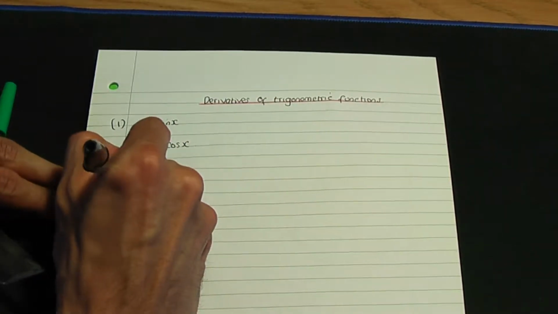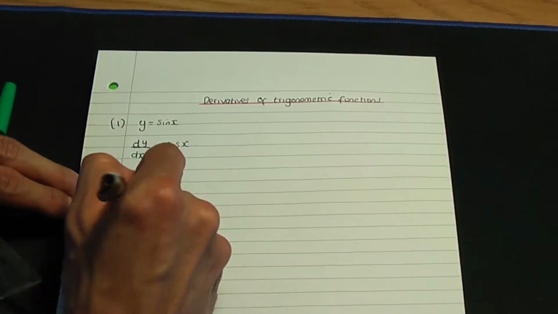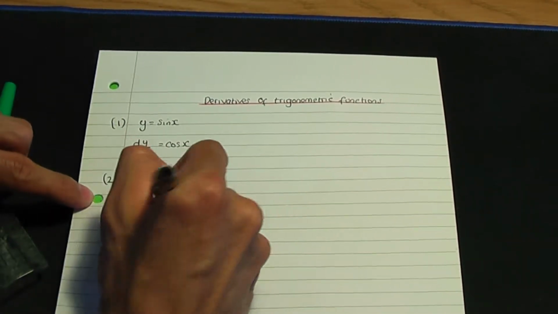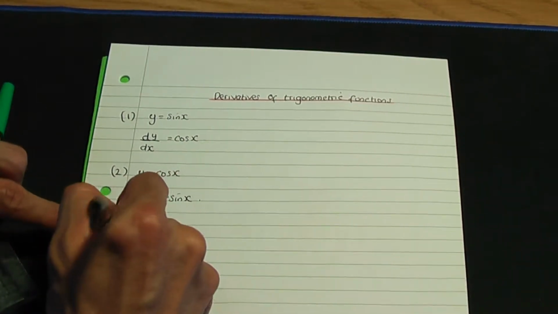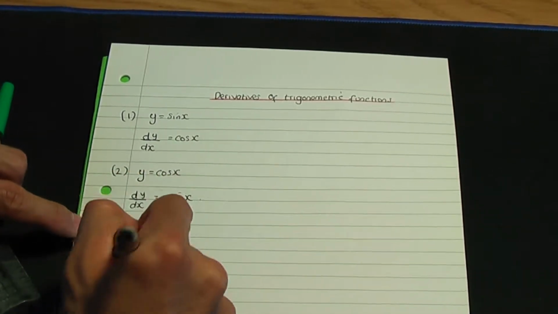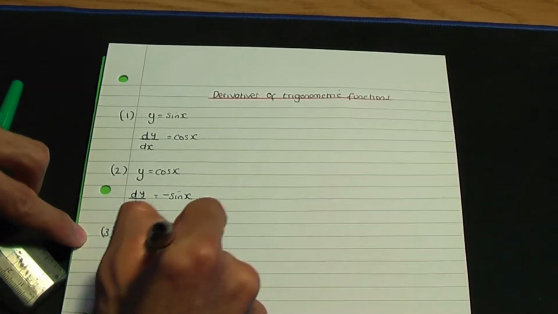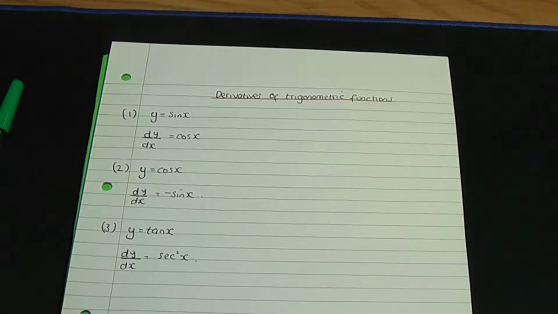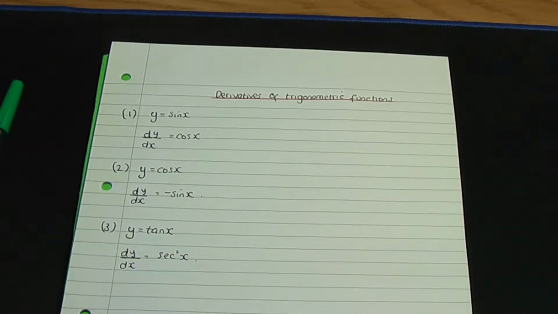Number two, y is equal to cos x, dy over dx, when you differentiate cos you get minus sine, so it's minus sine x. Number three, y is equal to tan x, dy over dx in this instance is sec squared x. So these are the derivatives of sine, cos and tan.